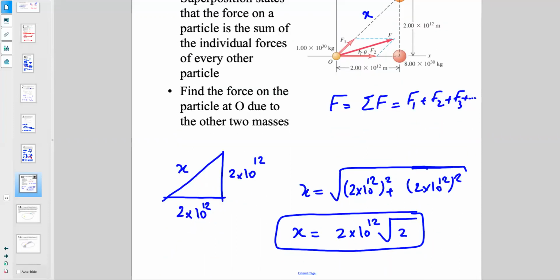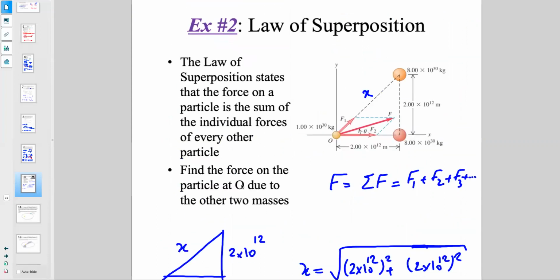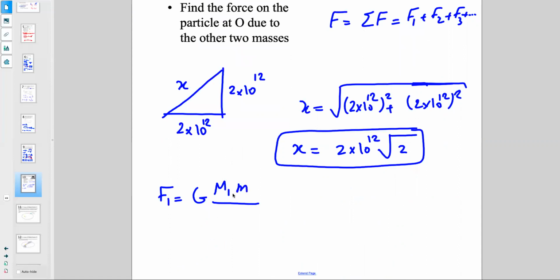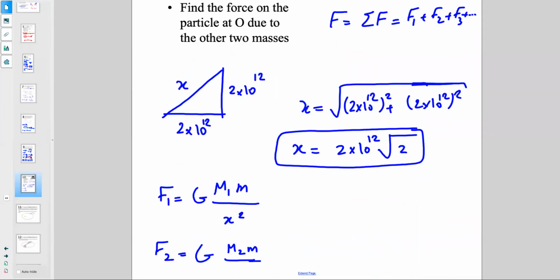Okay, once you have that, you can find F1 being G M1 M over x squared, okay? And then you can find F2, which is G M2 M over R squared.